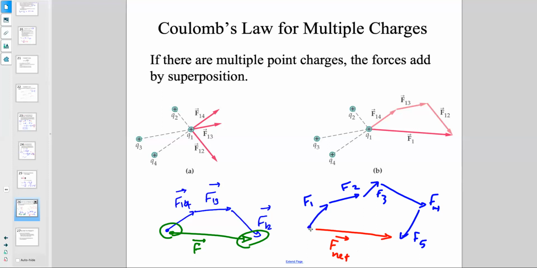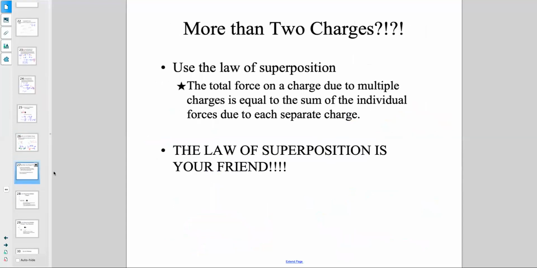It starts from where the first vector starts, and it will end where the last vector ends. So in our example here, the total net force experienced by this Q1 is F1, which is the sum of F14, F13, and F12. So let's take a look at this.